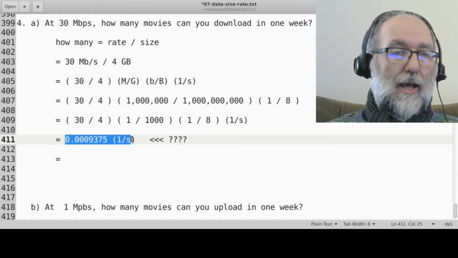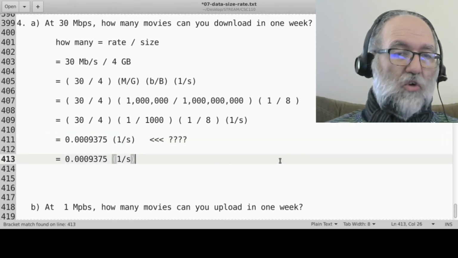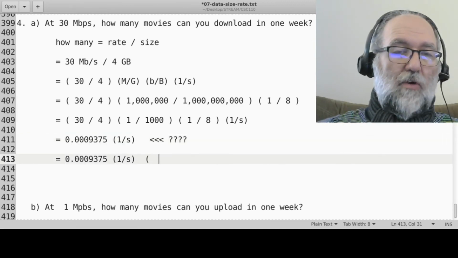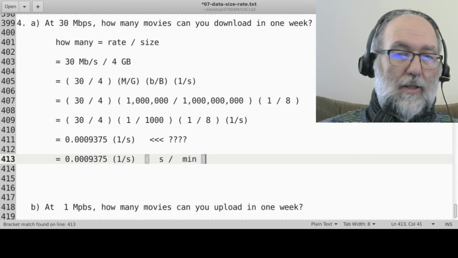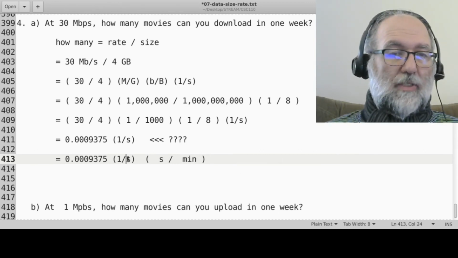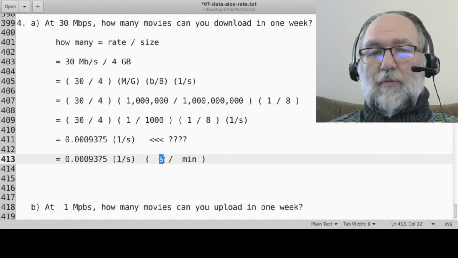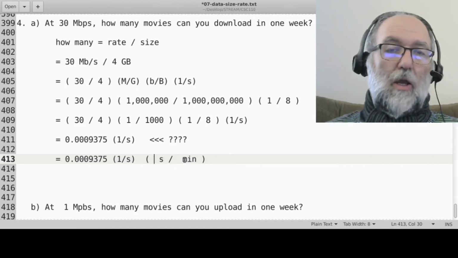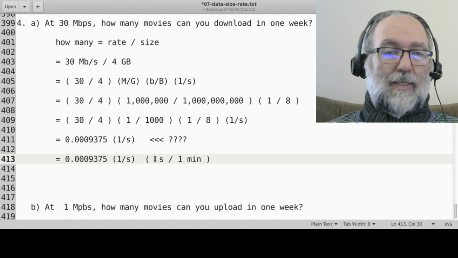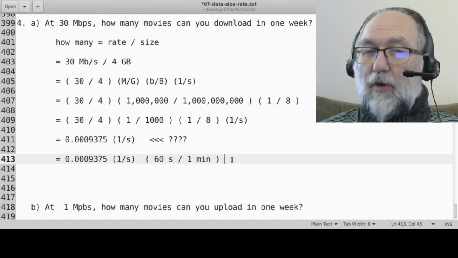Let's do this by these conversion fractions. First, let's convert from seconds to minutes. Seconds are in the denominator here, so we have to put seconds in the numerator. We know that 1 minute is 60 seconds, so this fraction is equal to 1. But we're not there yet.